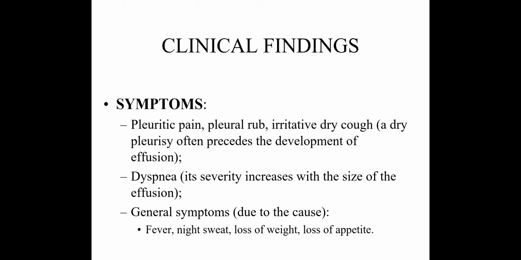Symptoms: pleuritic pain, pleural rub, irritative dry cough, and dyspnea, with severity increasing with the size of the effusion. If it is more, the dyspnea will be more. General symptoms due to the cause: fever, night sweat, loss of weight, loss of appetite.